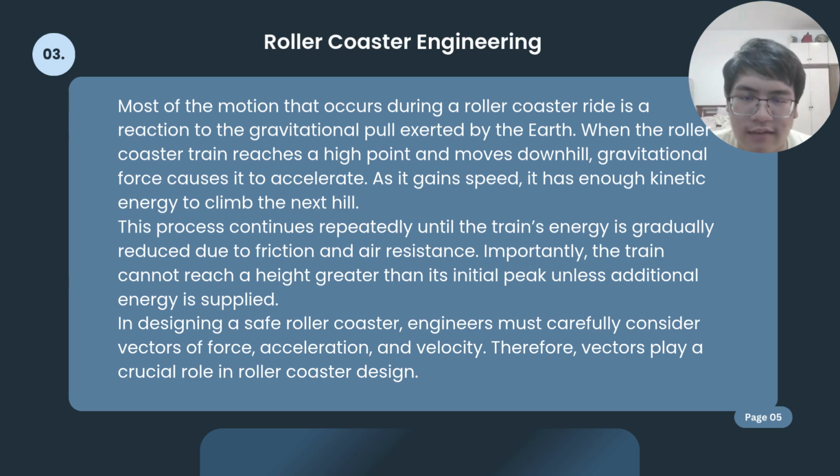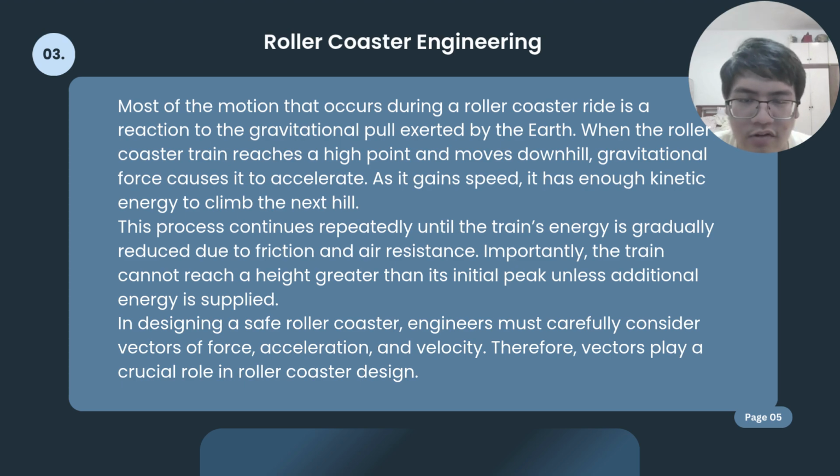Most of the motion that occurs during a roller coaster ride is a reaction to the gravitational pull exerted by the Earth. When the roller coaster train reaches a high point and moves downhill, gravitational force causes it to accelerate. As it gains speed, it has enough kinetic energy to climb the next hill.